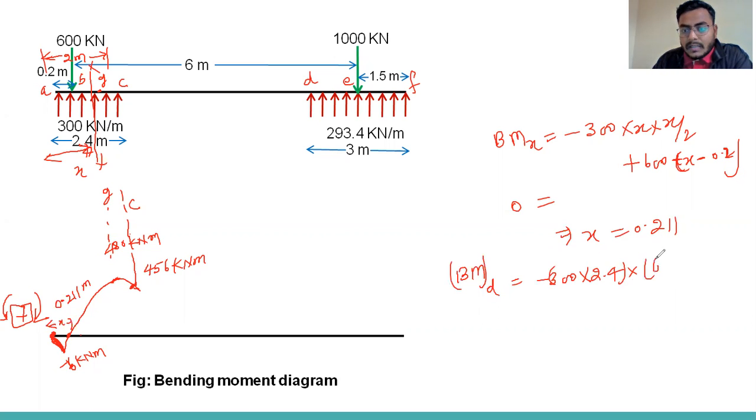So we can write 6 minus 1.5. What is the total length? 6 minus 1.5, so we reached from here to here. Okay, now we will add 0.2 minus 1.2, right? Then positive 600 into this.